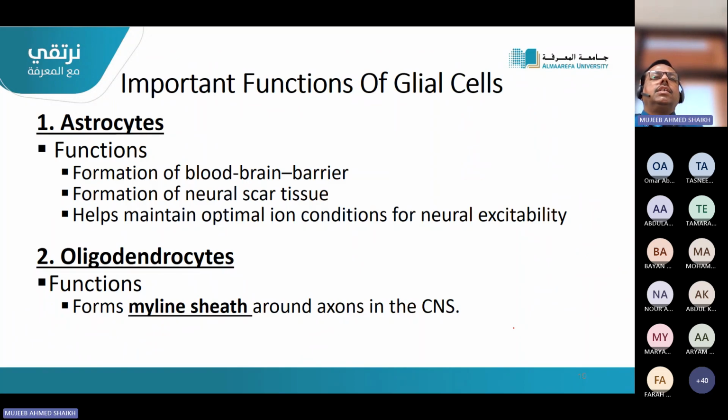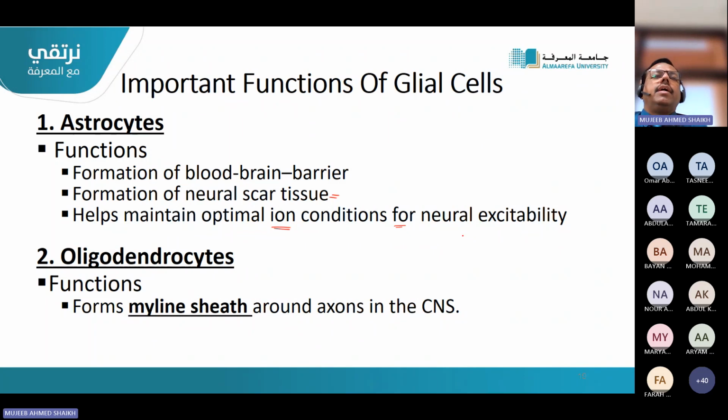So here are the functions of each cell. Astrocyte: formation of the blood-brain barrier, plus it is also responsible for forming scar tissue. Whenever there is some damage to the brain, scar tissue is formed by the astrocyte. It also helps to maintain the ionic concentration around the neuron at the proper level, so that neuronal excitability will not be hampered or changed.